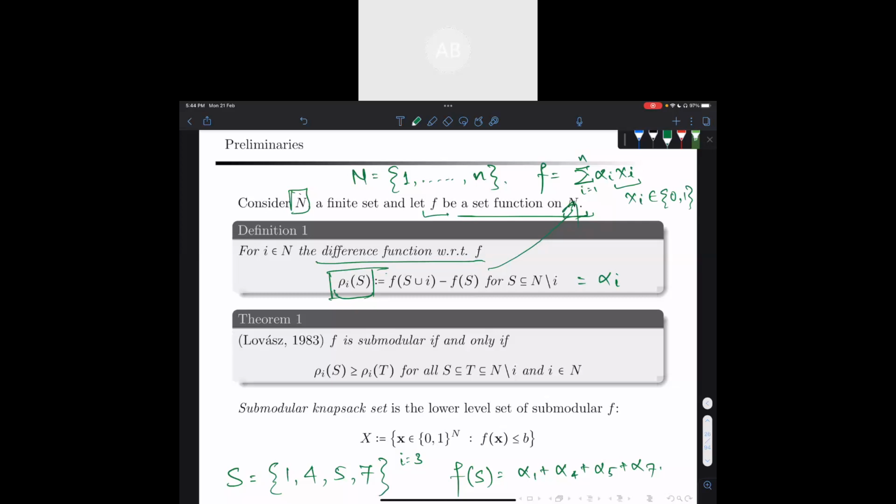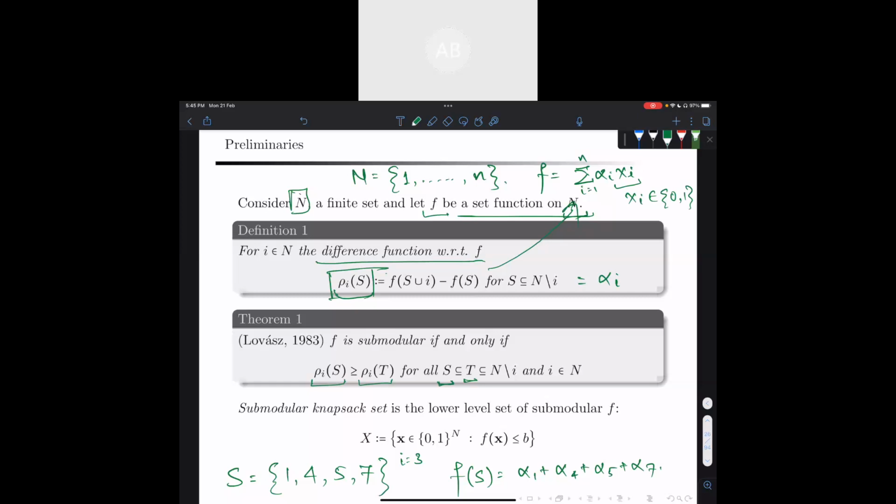So if S is a subset of T, then rho I of S will always be greater than or equal to rho I of T. So it depends whether you are adding the element I to a smaller set or a bigger set. The contribution of a specific element decreases as the size of the input set increases, right? So that's fairly simple.